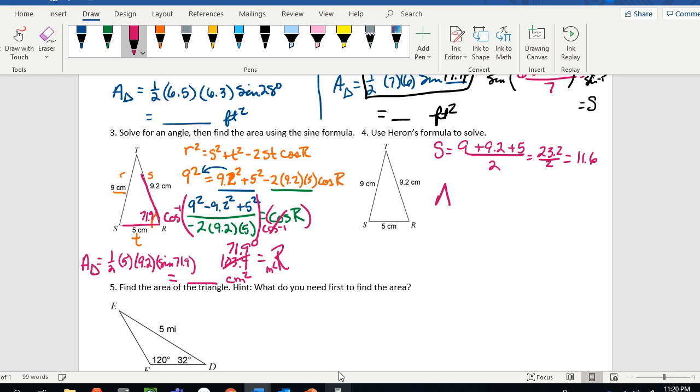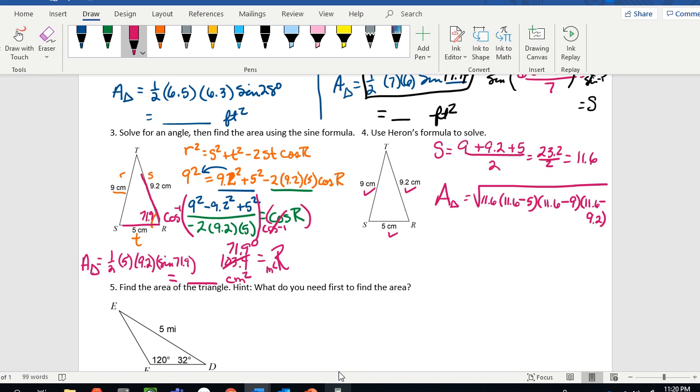Okay, so now the area using Heron's formula, the square root of 11.6 times 11.6 minus 5, that's the one on the bottom, times 11.6 minus the one on the side, times 11.6 minus 9.2.